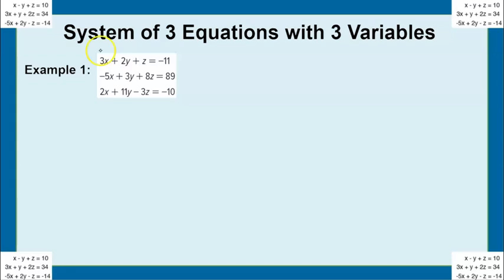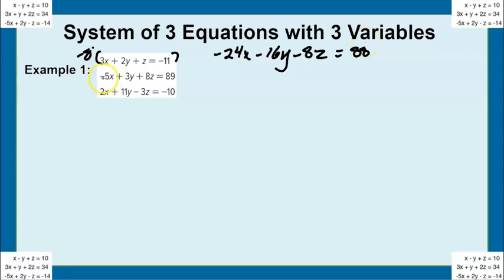So that means this top one, since this has a positive z and the bottom one has a positive 8z, I'm going to multiply the top one by a negative 8. So if I multiply that by negative 8, that's going to give me a negative 24x minus 16y minus 8z equaling a positive 88.